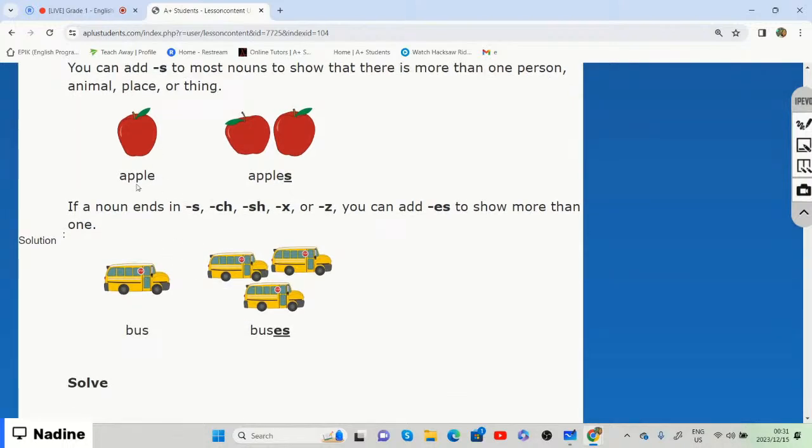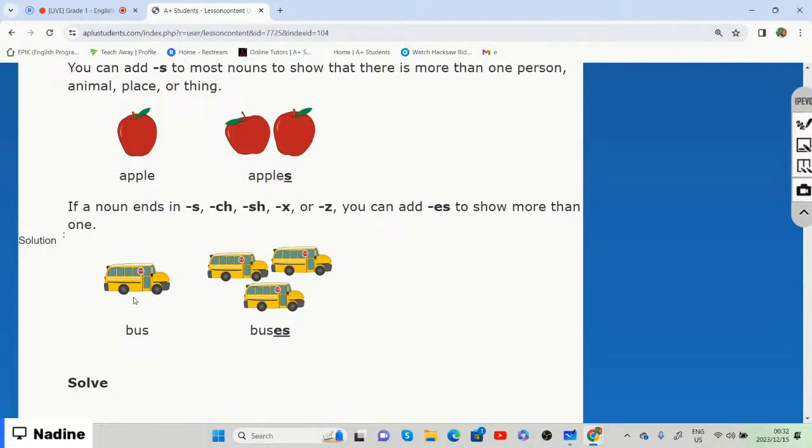And we made an example of 1 apple, 2 apples, right? And there we added an S. And then we also add an ES to certain words, right? And if a noun ends with either S, CH, SH, X, or Z, then you can add ES to show more than one.